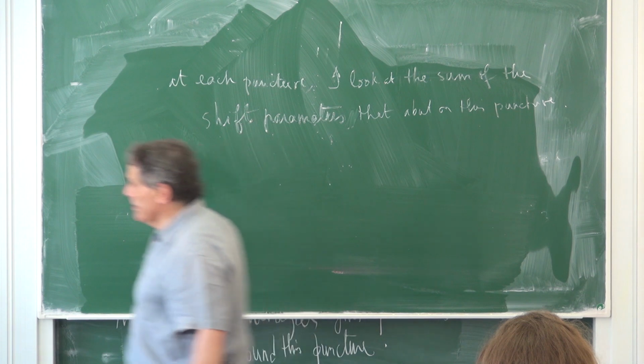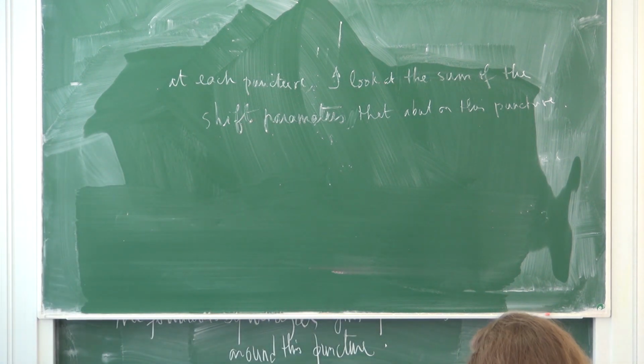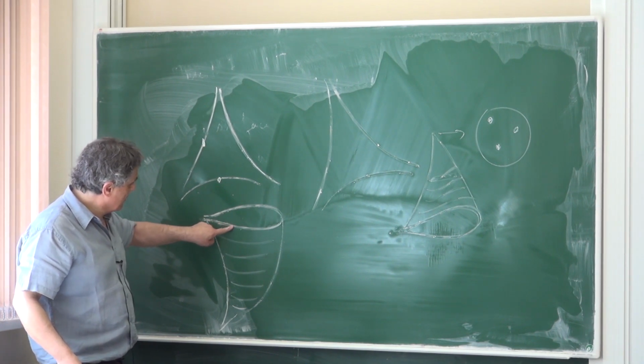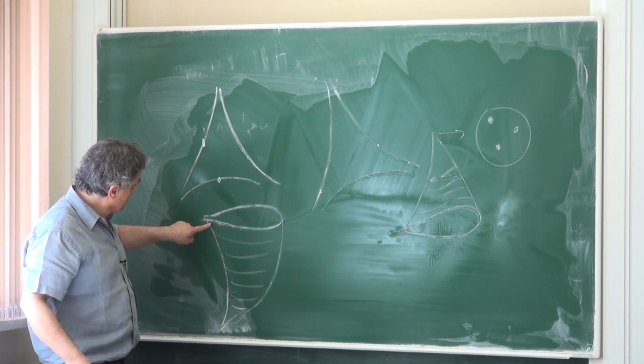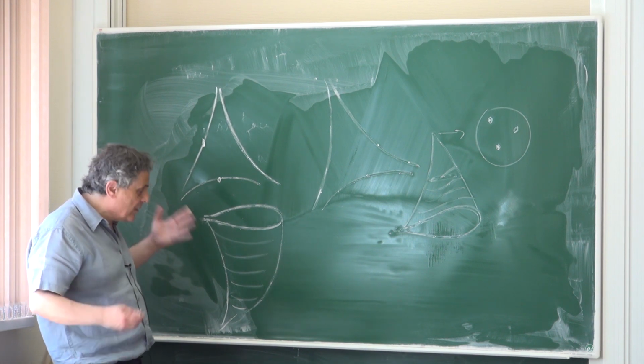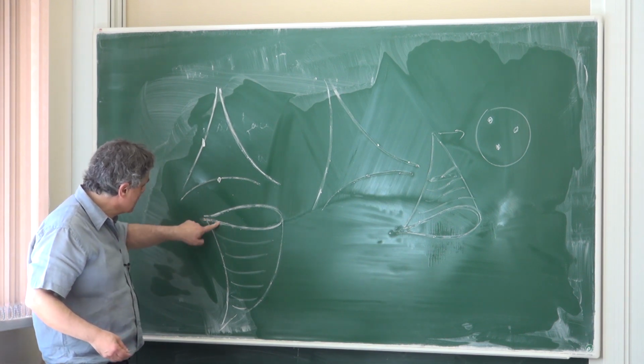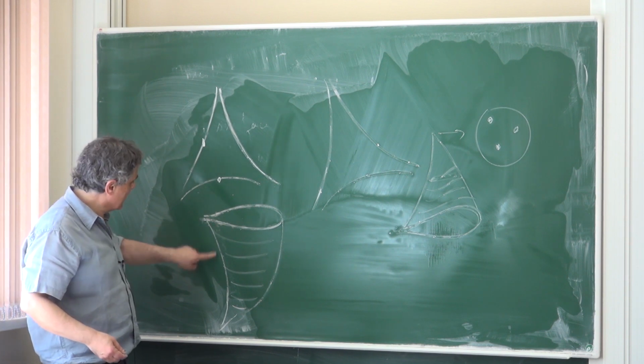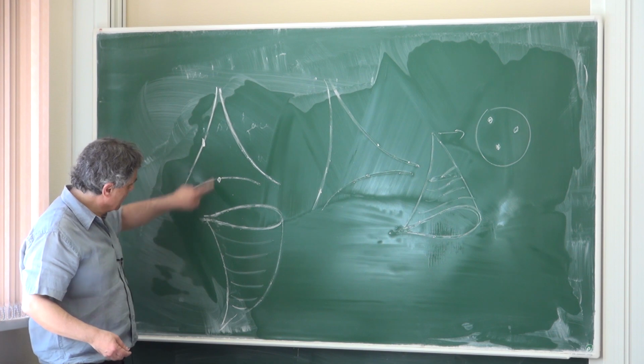So, for instance, at this puncture I will have four shift parameters, right? In fact, I will have 3, but I count them as 4 because this one is counted 2 times. Plus, I have one coming from down and one coming from up.